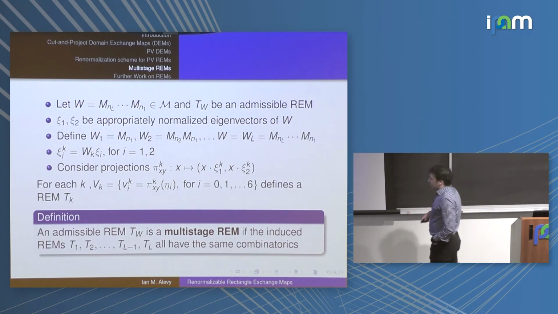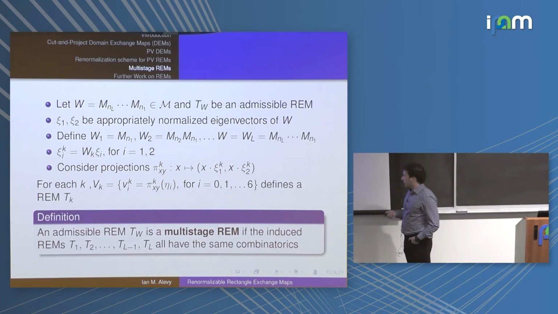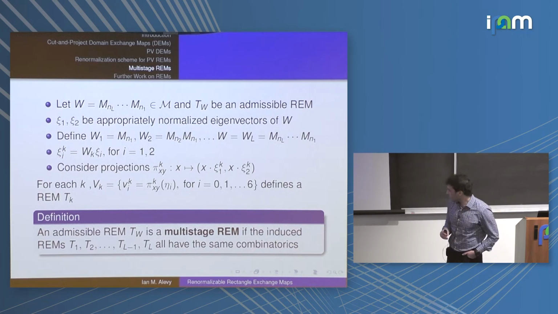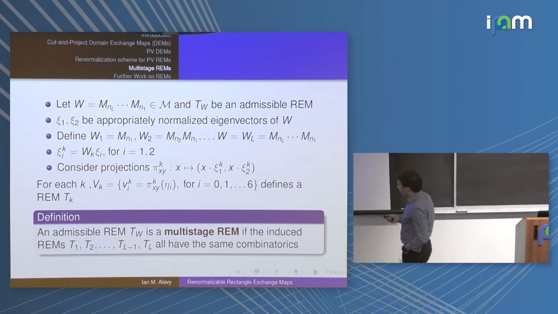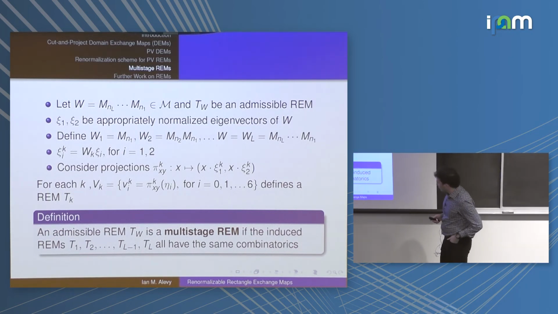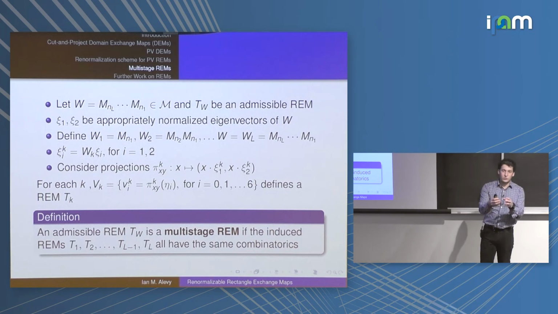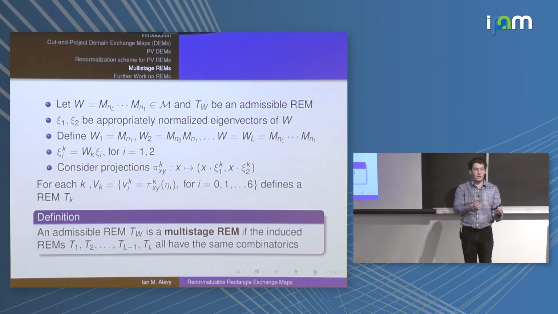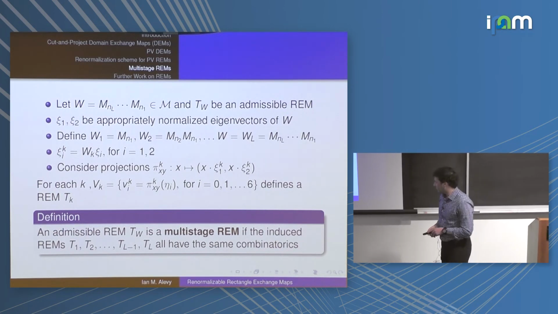And we say that an admissible REM is a multistage REM if this sequence of REMs, T1, T2, all the way up to TL, all have the same combinatorics. And we need them all to have the same combinatorics so that each first return map in the renormalization sequence will have the same combinatorics as what we started with.